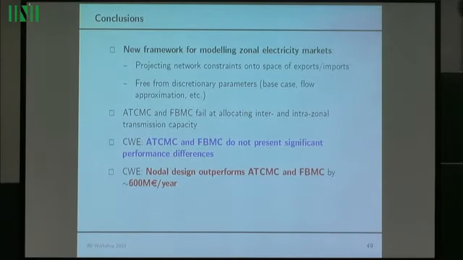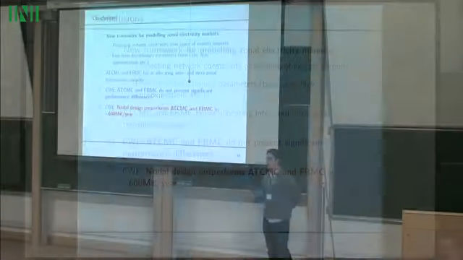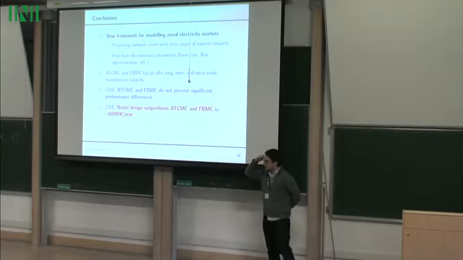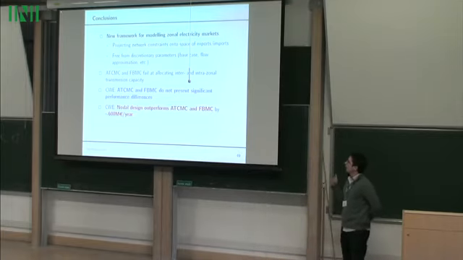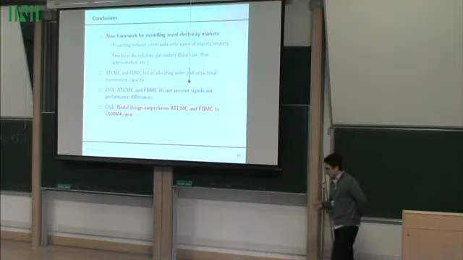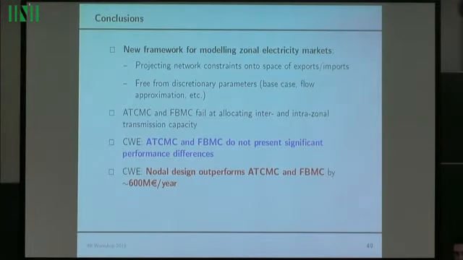So to conclude, and I'm left with 2 minutes more or less, we propose a new way of modeling zonal markets. We feel that it's meaningful because it doesn't depend on discretionary parameters. Actually, Ignacio evolved through a lot of years of work trying to come up with this idea, where we were trying to develop ATC models, but the question was what should be the ATC capacity.